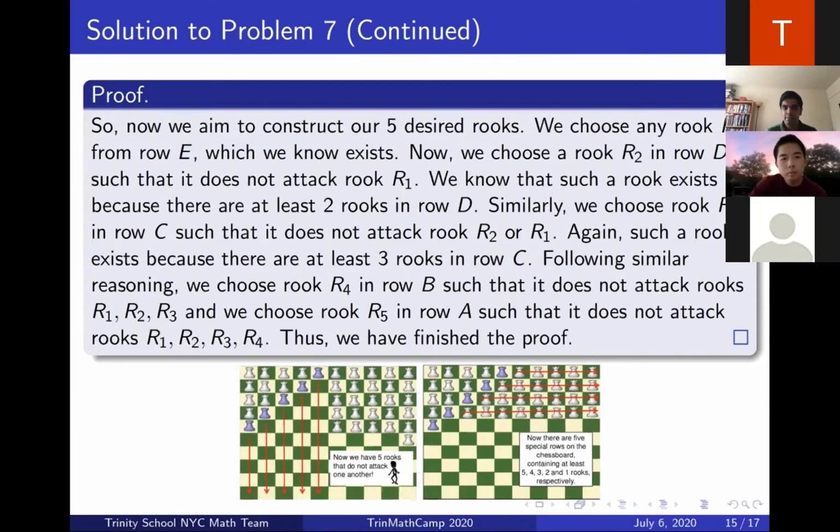And then we do the same thing choosing a rook R4 in row B, such that it does not attack rooks R1, R2, and R3. And then we choose rook R5 in row A, such that it does not attack the previous 4 rooks. And you can see we essentially just created 5 rooks that don't attack each other in this scenario.